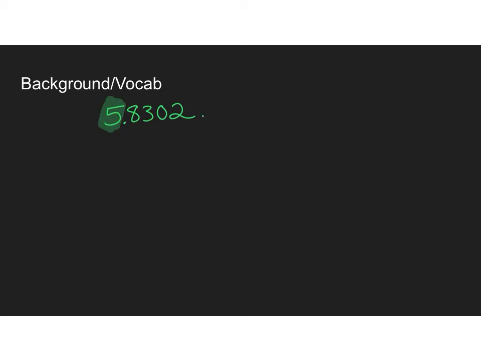Right now my decimal is here, so I need to move my decimal 1, 2, 3, 4 spaces. And so my final number will be 5.8302 times 10 to the 4th. Because if I were to multiply this out, it would equal this number that I started with. Because I would just move that decimal point 4 places.